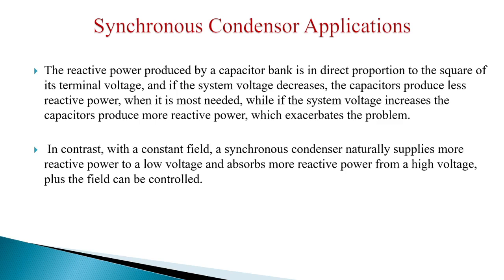In contrast, with a constant field, a synchronous condenser naturally supplies more reactive power to a low voltage and absorbs more reactive power from a high voltage, plus the field can be controlled.